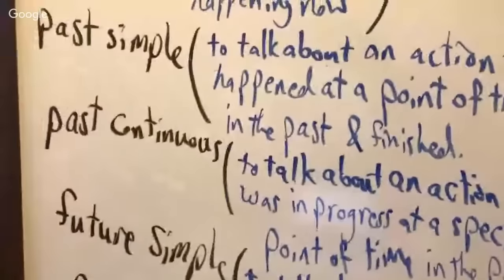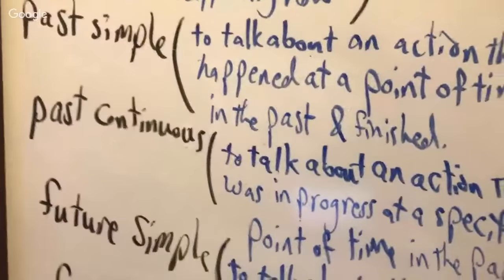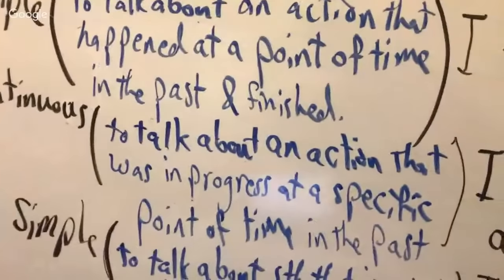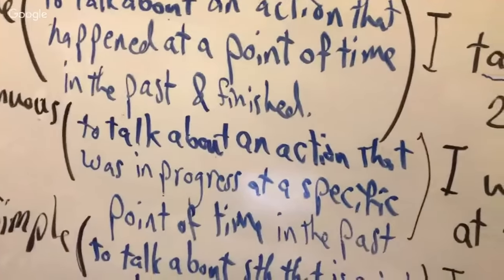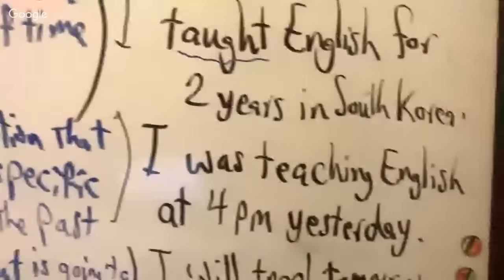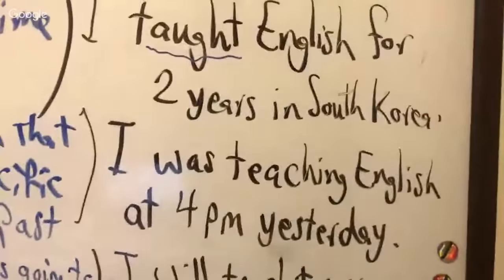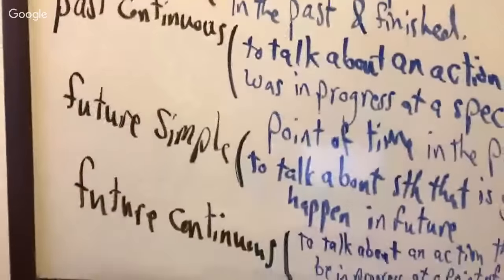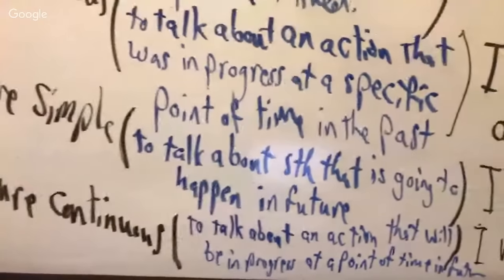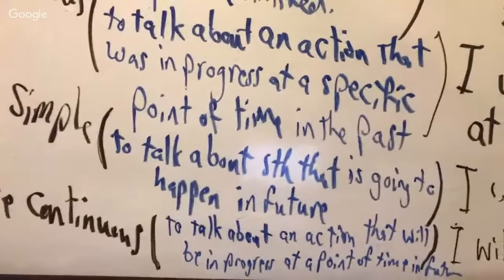Tense number 4 was past continuous. We use this tense to talk about an action that was in progress at a specific point of time in the past. For example, I was teaching English at 4 p.m. yesterday. The 5th tense was future simple. We use this tense to talk about something that is going to happen at a point of time in future.